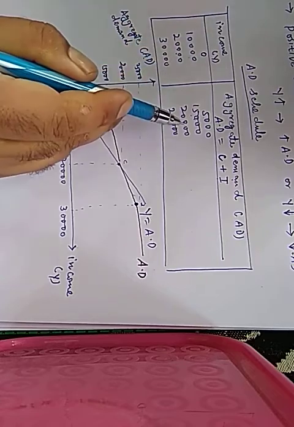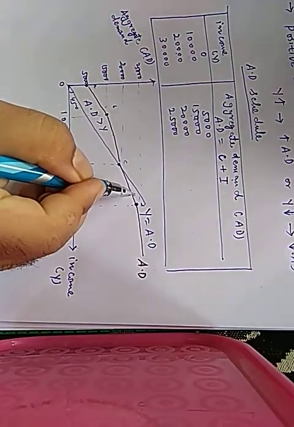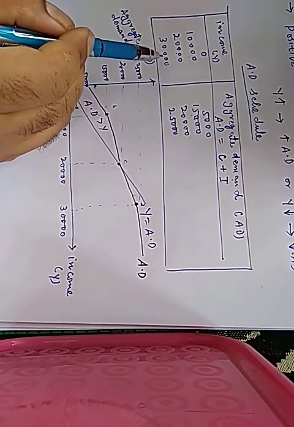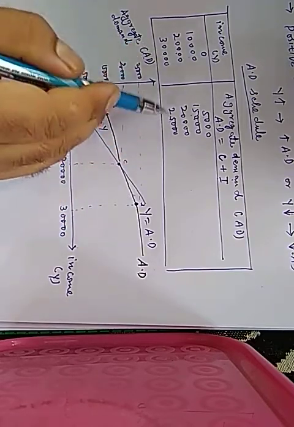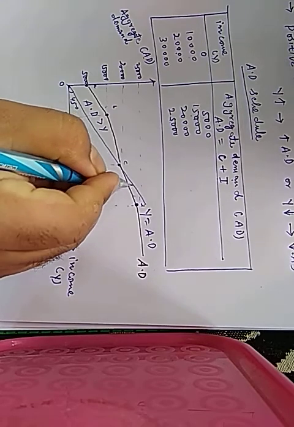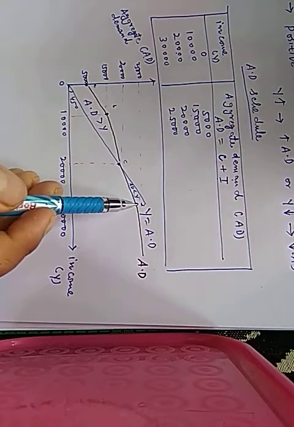Income is 20,000, aggregate demand is also equal to 20,000. And beyond this point, aggregate demand is less than income. Aggregate demand is only 25,000, income is 30,000. This point shows aggregate demand is less than income.